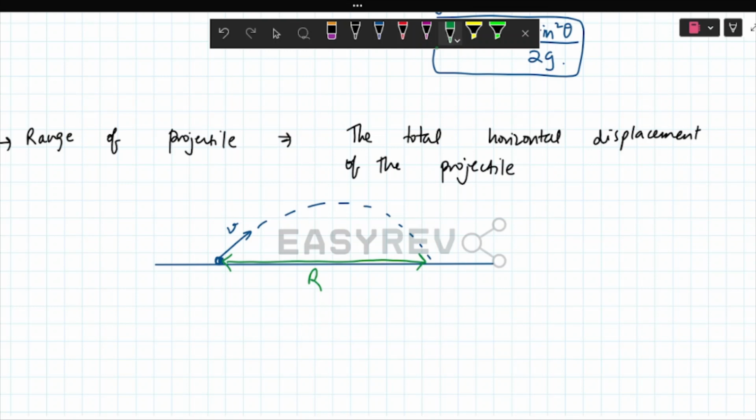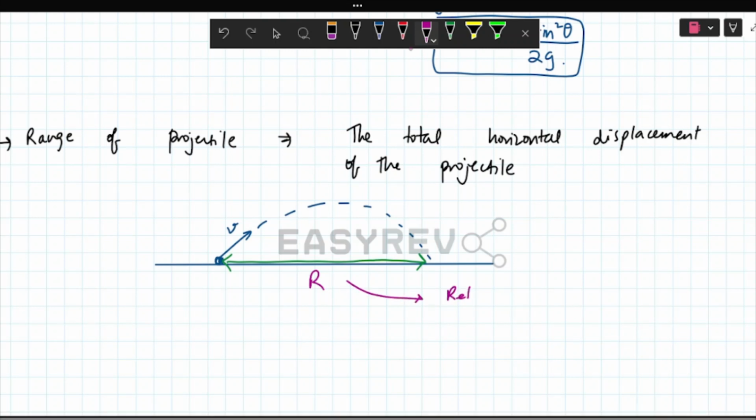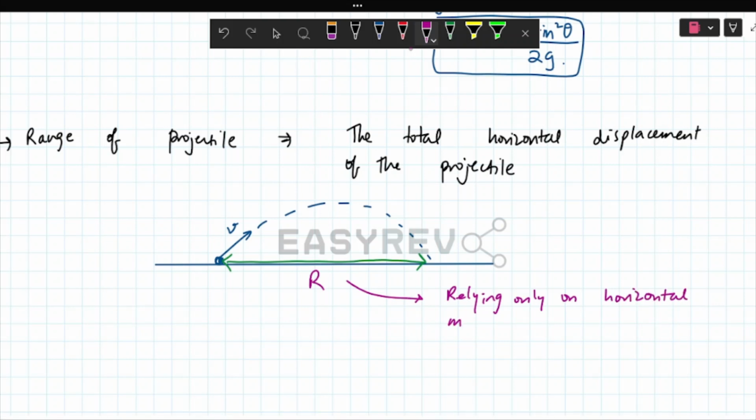Since this is strictly horizontal, it makes sense to then remind ourselves that here we'll be relying only on horizontal motion. And so we can forego any vertical components and simply split the velocity vector v tilted at an angle theta to its horizontal component vh, which I do know would simply be v cos theta, right?